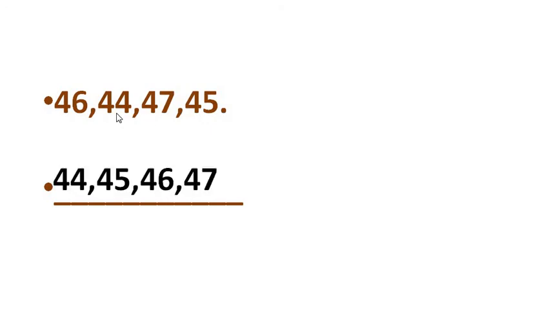Look, I want to arrange these numbers in ascending order, so first of all I have to take the smallest among the given numbers, which is 44. Then a bigger number, after that a bigger one, and at last I have to arrange the biggest among all the given numbers.